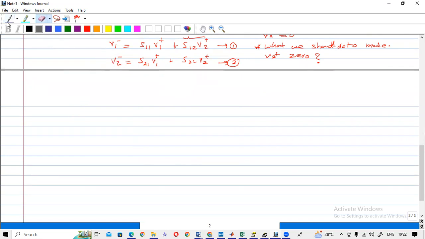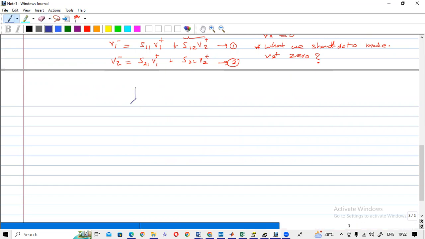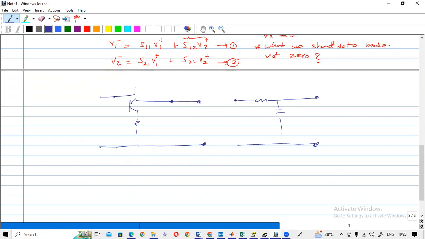Now let's say that you have a transistor amplifier like this. Let's say this amplifier should be connected to a filter, maybe a low pass or high pass filter like this. So you have to connect it to a filter like this.